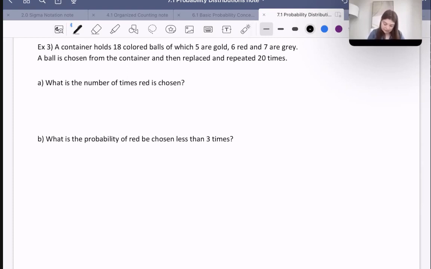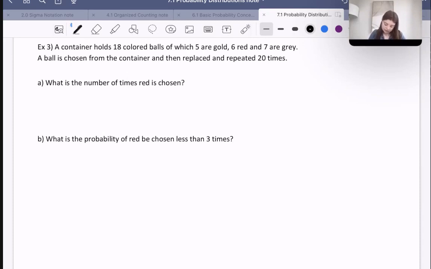So basically, this is with replacement probability, right? We take out a marble and then we put it back. Then we take out another marble, we record the color, we put it back. And so it's not as though as we take out marbles, the probabilities change. The probability of drawing a red, a gold, or a gray are always the same regardless which trial we're on, because after we take the marble, we just toss it back in. We put it back. Good.